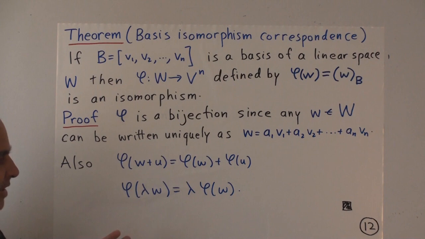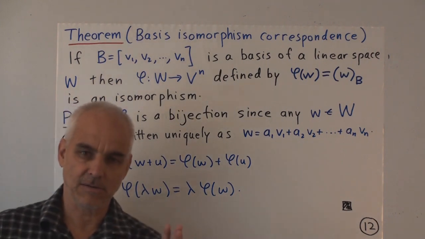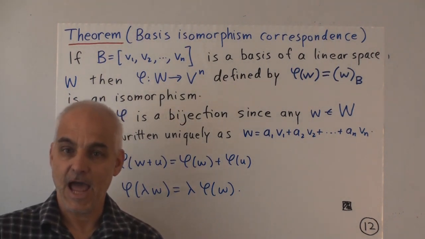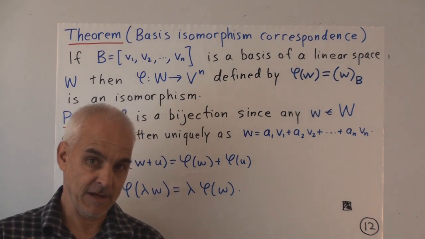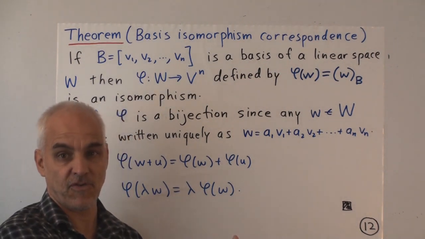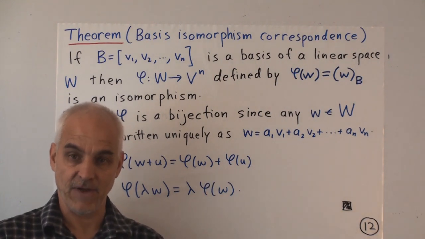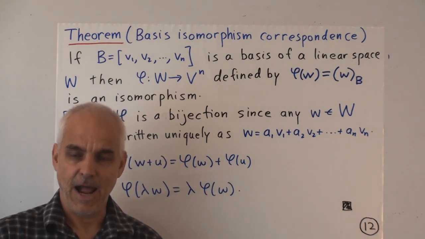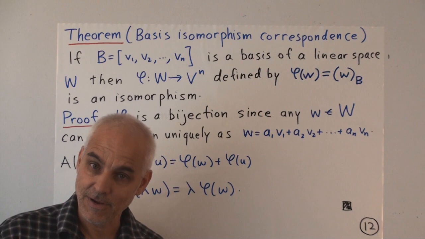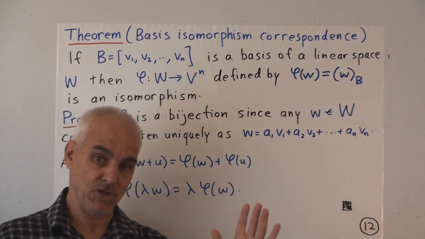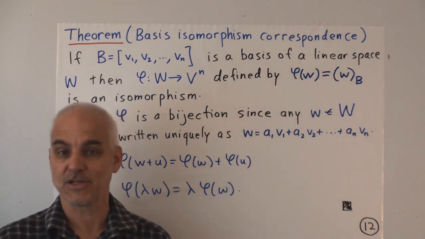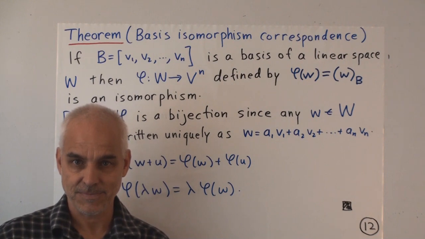Okay, so it's kind of an abstract theorem, but what it does is it just clarifies in our mind that having a basis of a linear space gives us an isomorphism to our standard vector space of column vectors. And that's a good thing because we know a lot about doing linear algebra in the context of column vectors.